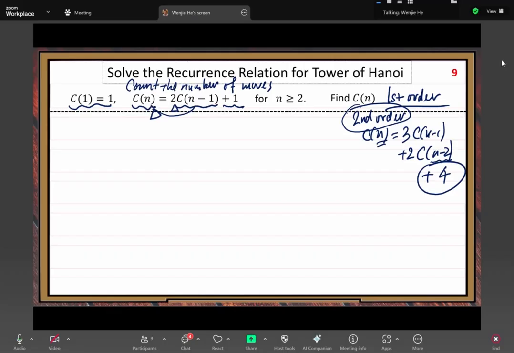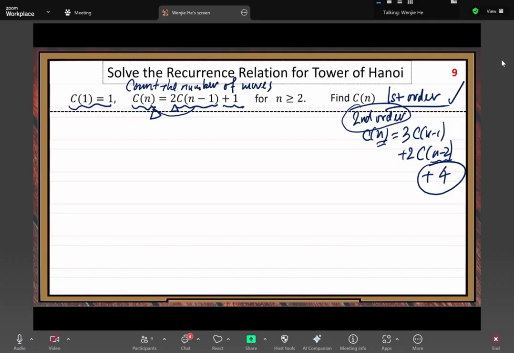Here, let's solve the easiest case, first order recurrence relation. To solve it, we still use our problem-solving strategy. I keep using a few simple strategies again and again, but very effective.